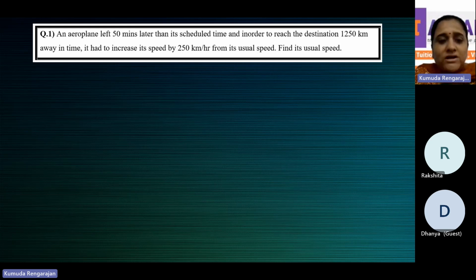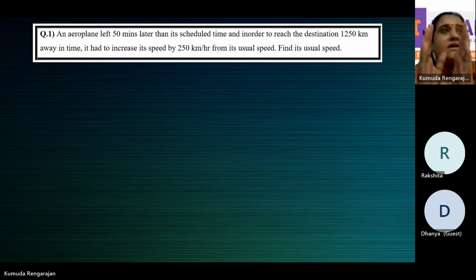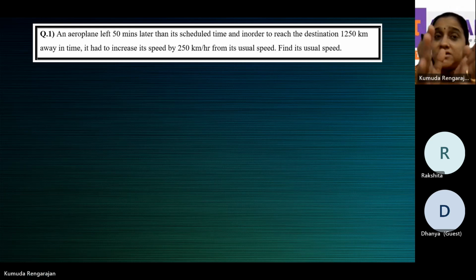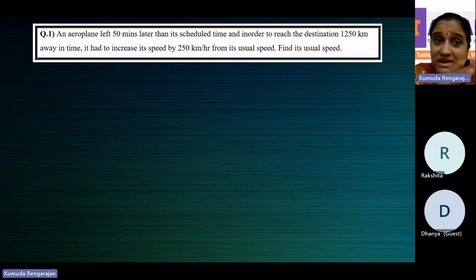So from this, what you can understand is the difference in the time taken is 50 minutes. When he goes with the new speed, the time taken is 50 minutes less.